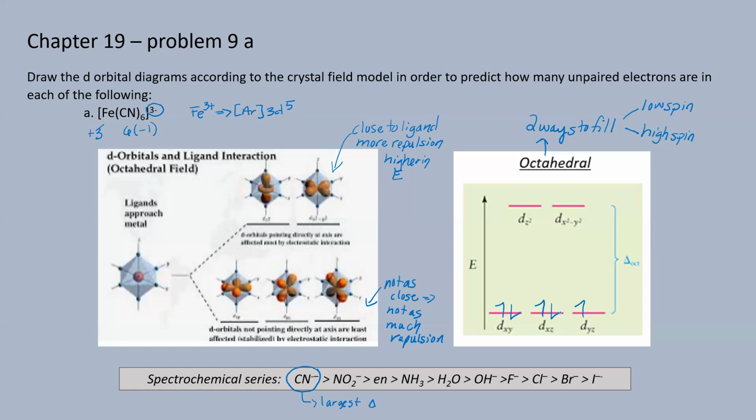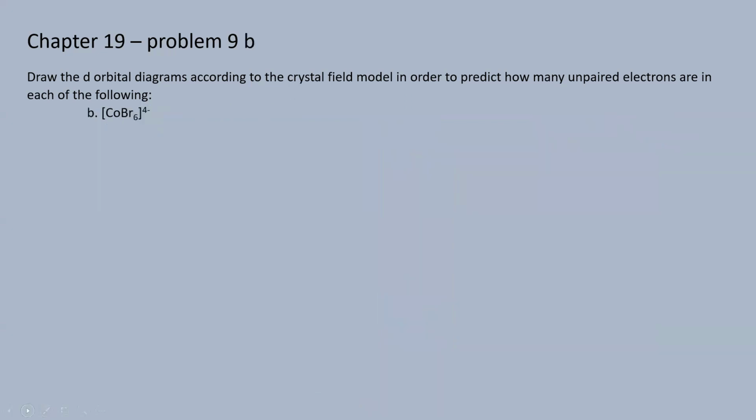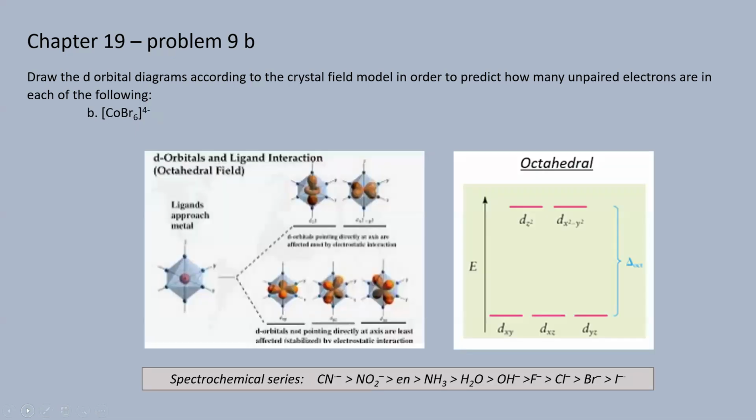Okay, let's try B. For B, we've got, again, an octahedral complex ion, and therefore it should have the same pattern as the one before. But now the ligand is bromide. If we look at our spectrochemical series, bromide is all the way on the right.